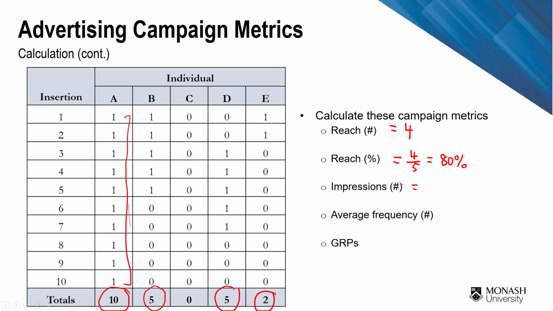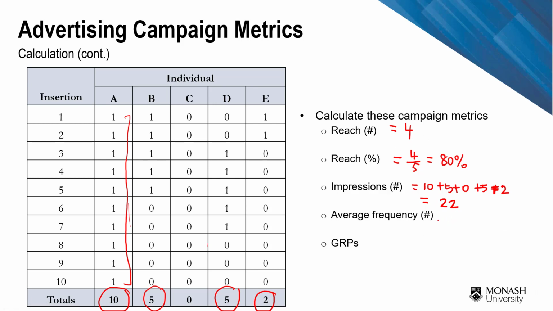So the impressions is basically the exposure, and the exposure is the total of all of these combined. So this will be 10 plus 5 plus 0 plus 5 plus 2, which gives me 22. So that's my number of impressions.